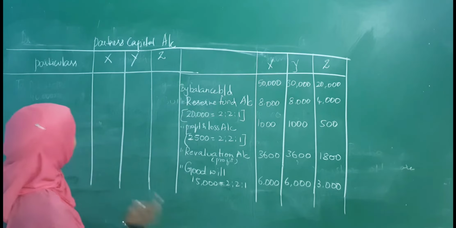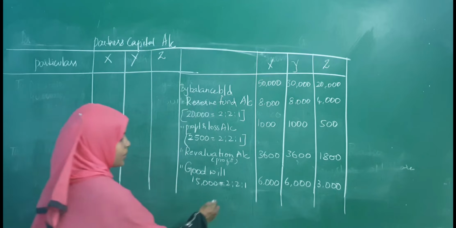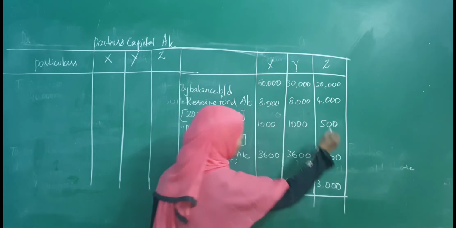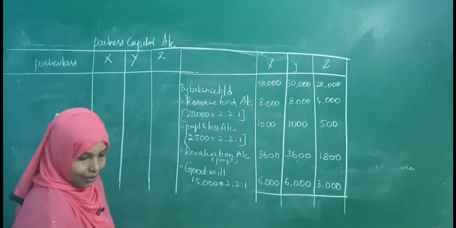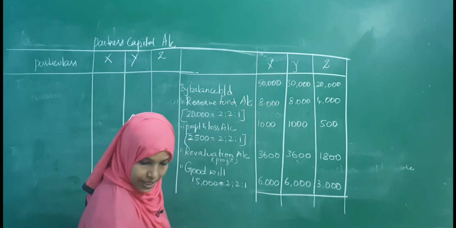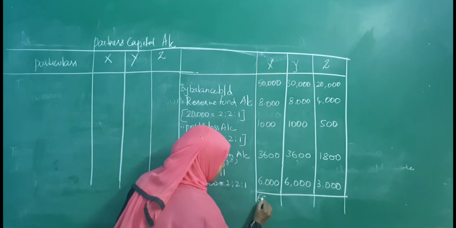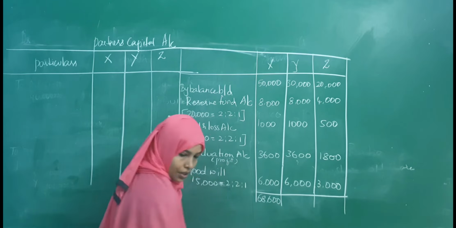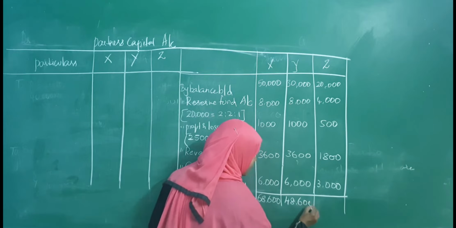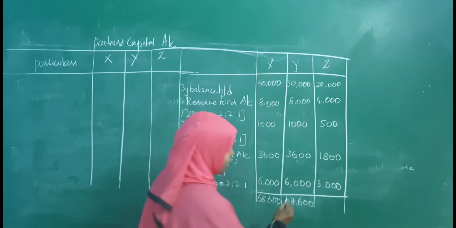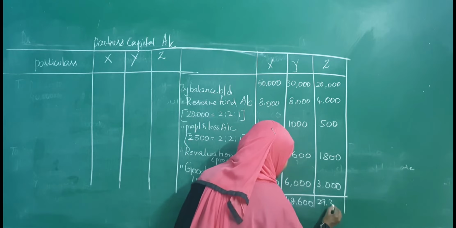Debit side there is no item, so what you can do is take the total of whatever you have done on the credit side. The total comes to 68,600, 48,600, then 29,300.